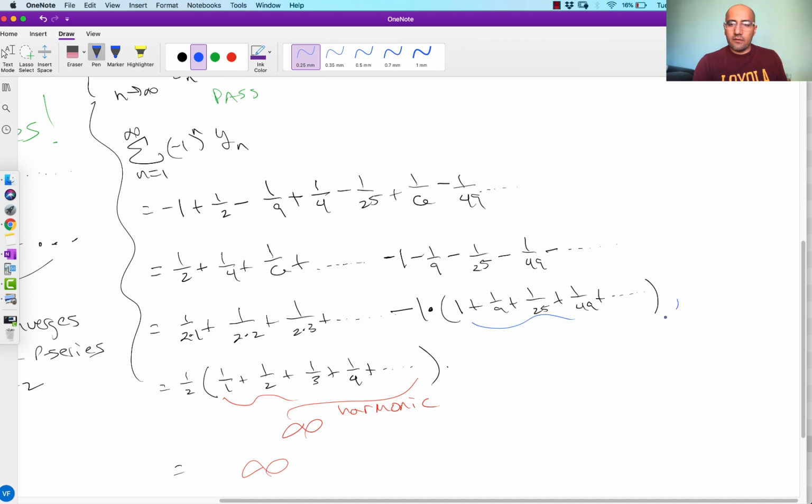this part here is similar to what we just did on the other side. It's the same thing as 1 plus 0 plus 1/9 plus 0 plus 1/25, right? Adding extra zeros in the middle there doesn't really do anything. Plus 0 plus 1/49.